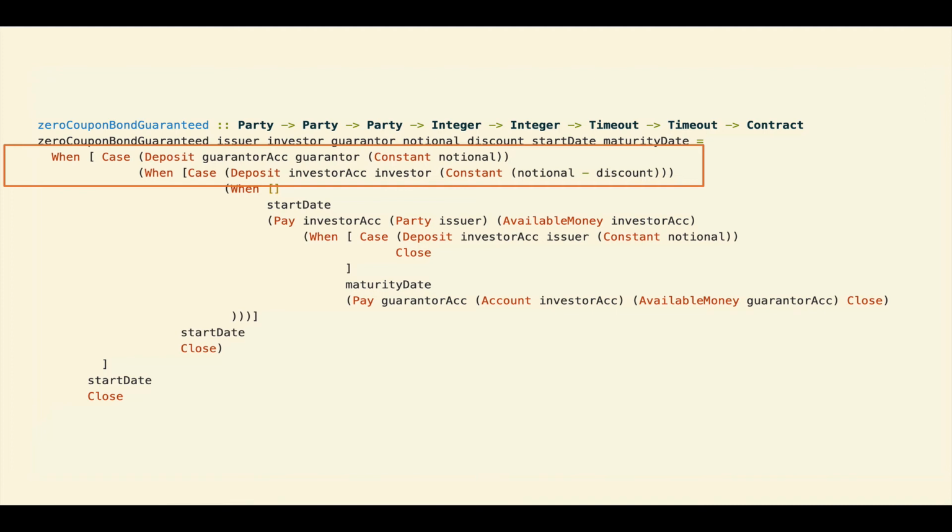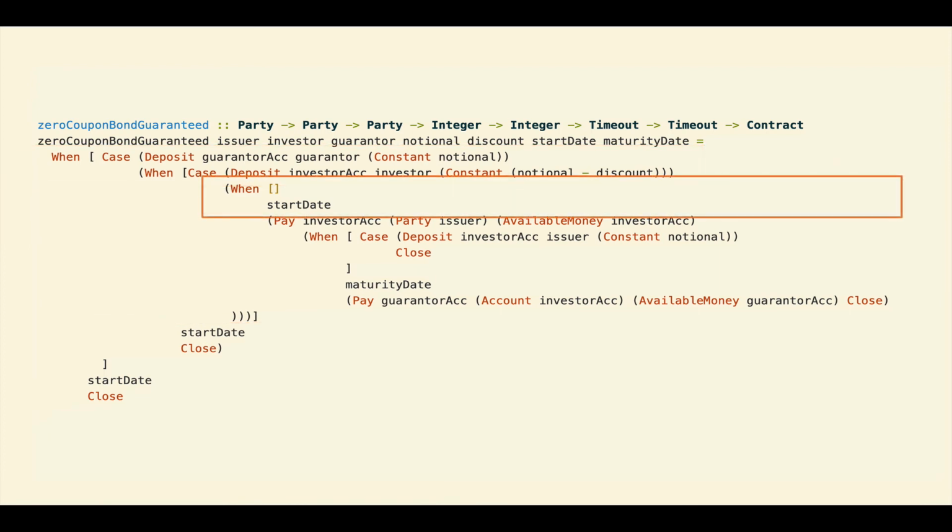Now, if either of these fails to happen, we simply close the contract down. In the case of the guarantor not doing anything, there's nothing to close down. If the guarantor has put money into the contract, but the investor has not, what the close does is refund the guarantor's money from their account. So let's suppose now that the deposit has been made by the guarantor, and then the deposit has been made by the investor.